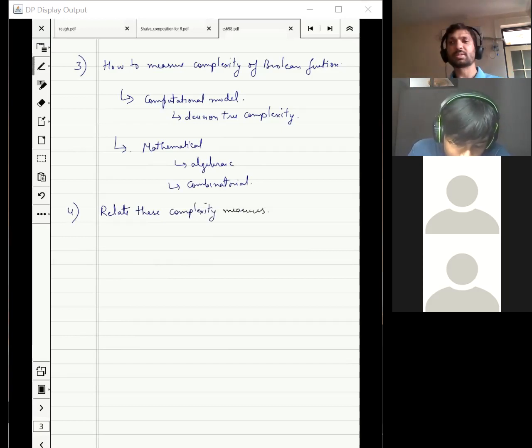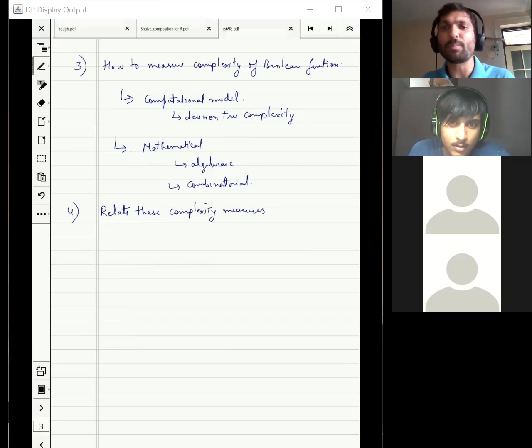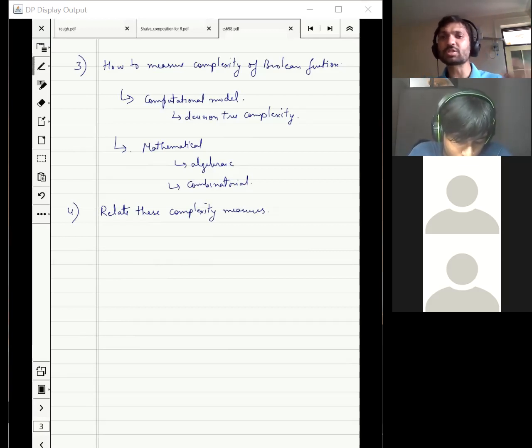What do I mean by this? Some of you are electrical engineering students, some of you are mathematicians, some of you are computer scientists. For everyone, there is a different complexity measure which says, oh, this function is difficult. Now, intuitively, there should be some relation, right? If a function is complex for a mathematician, it should be complex, not always, but there should be some relation.